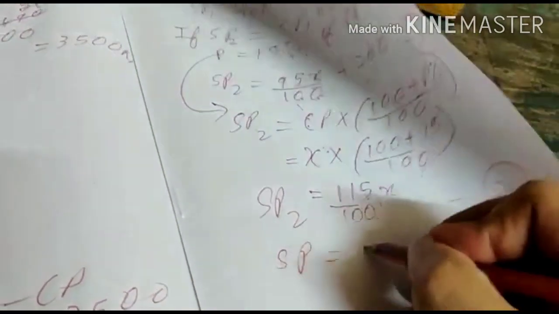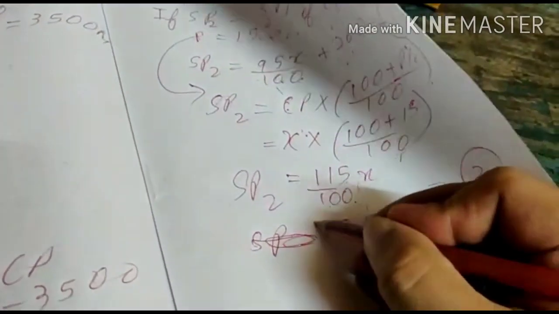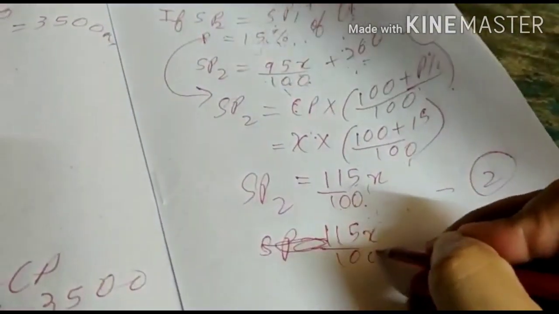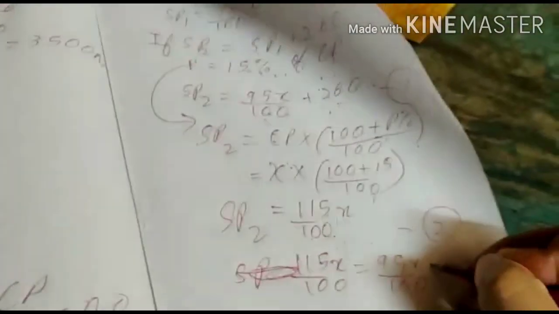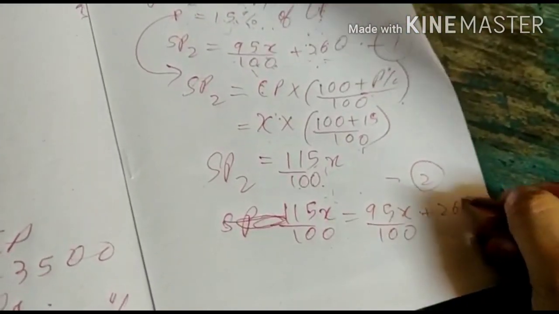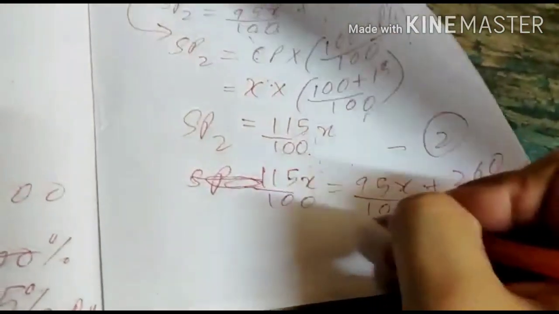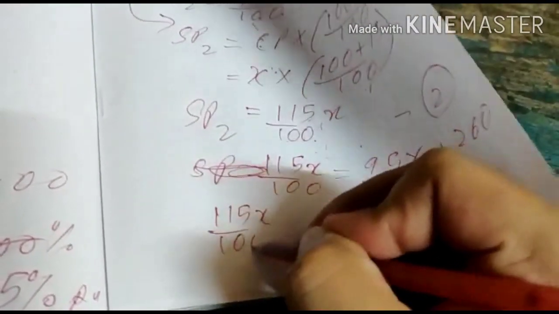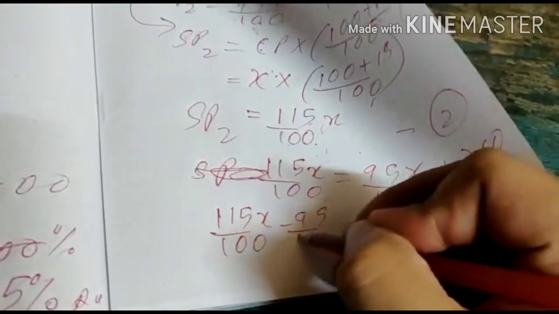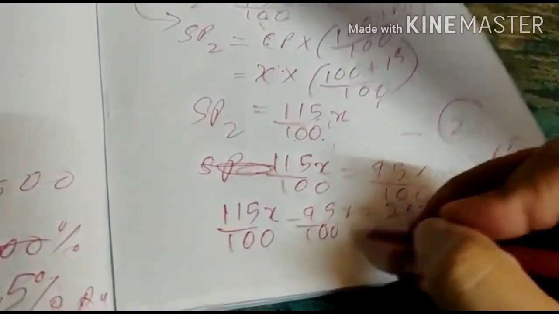So 115x upon 100 equals 95x upon 100 plus 260. Both 1 and 2 were SP2, so we kept them equal. Now we bring X to this side: 115x upon 100 minus 95 upon 100 X, that is 260 left alone there.